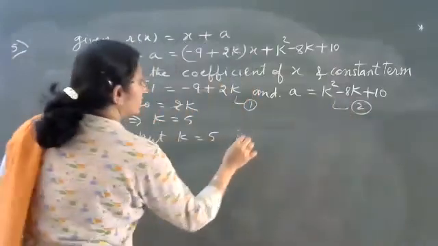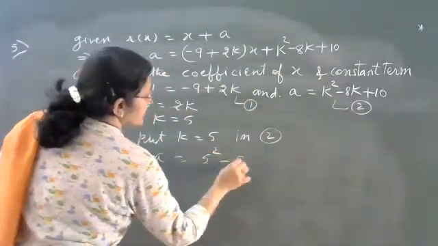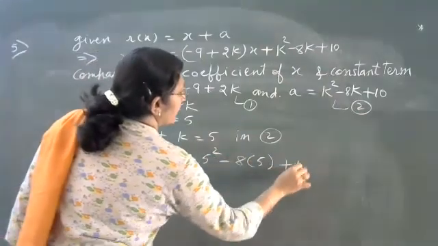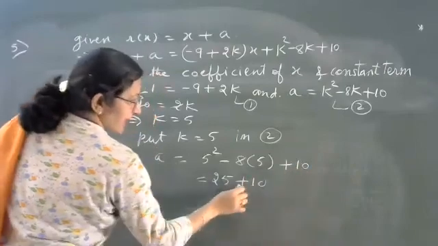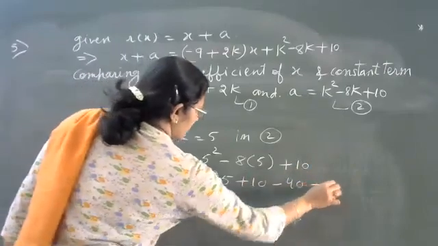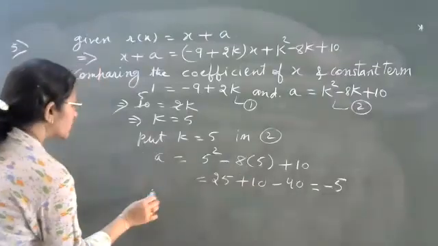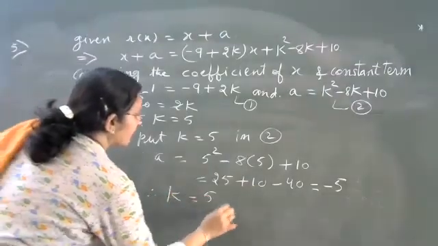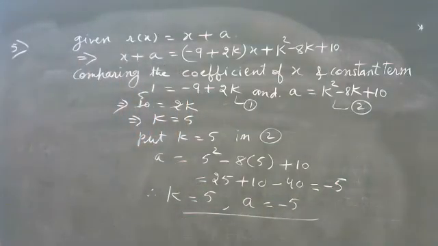Equation number 2. A is equal to 5 square minus 8 into 5 plus 10, 25 plus this 10 minus 40. 35 minus 40. So it will be -5. So therefore k is equal to 5 and value of a is -5. If any doubt is there, you can raise your hands.